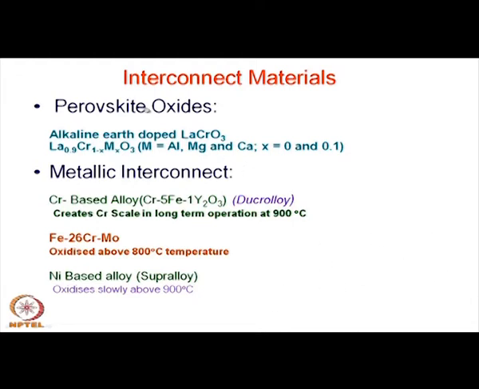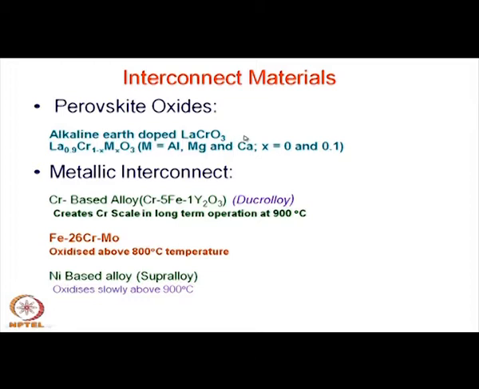Therefore, lanthanum chromite has been found to be a good electronically conducting material, and also it has a higher melting point. So, it does not undergo any changes at the operating temperature of 800 to 900 degrees centigrade.